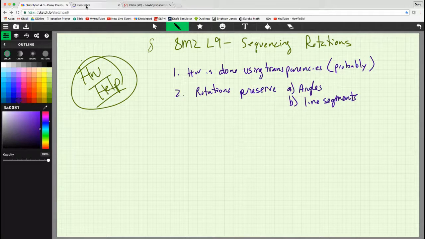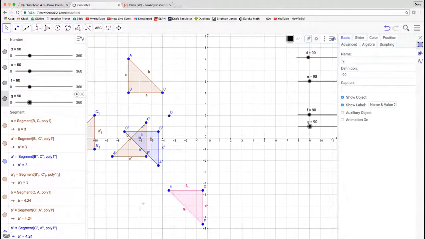Let me just go back to GeoGebra real quick. Notice that when I took my original triangle ABC and rotated it once and rotated it again, I ended up with this blue triangle and this pink triangle. Notice my angles, I still have my right angle and I still have my other 2 angles, and those angles are going to be the same size no matter how many times I twist them or move them. Similarly, the line segments are the same length.